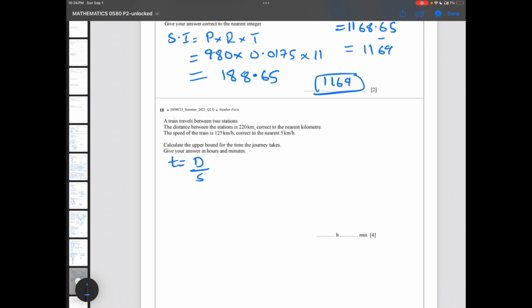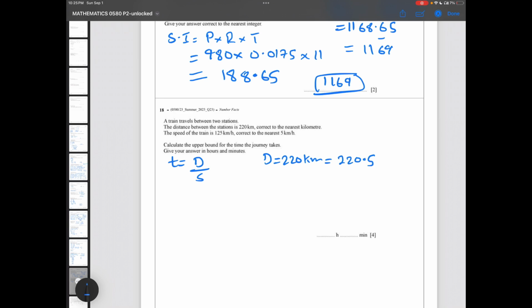And we have to calculate the upper bound. Okay, so to get the upper bound, the distance should be maximum. Over here the distance has been given to us, 220 kilometers, and in order to get the maximum distance we need the upper bound of this distance. This has been rounded off nearest to kilometers, so the upper bound for the distance will be 220.5.